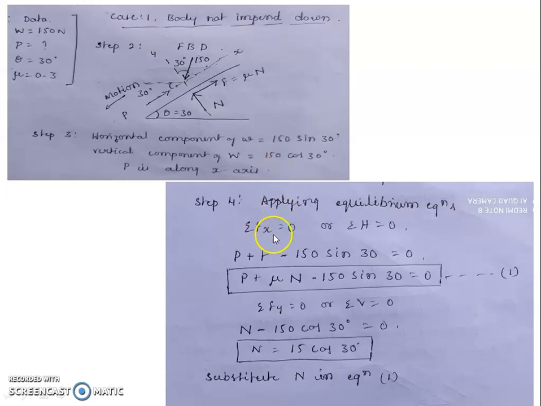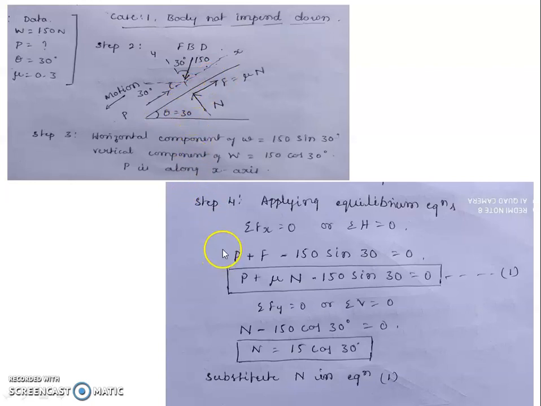Now in step 4, I will apply equilibrium equations, that is sigma Fx, forces along x direction, equal to 0. My horizontal direction is like this now because it is parallel to the inclined plane.